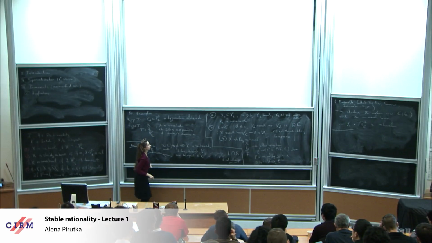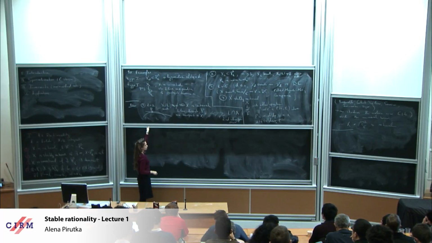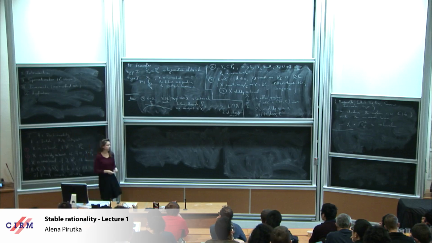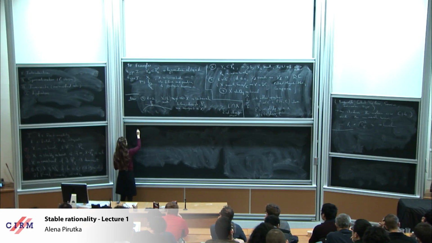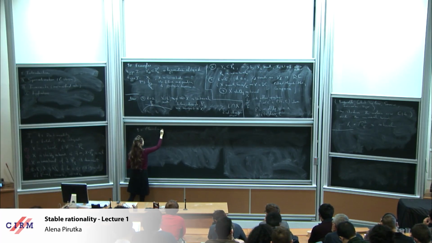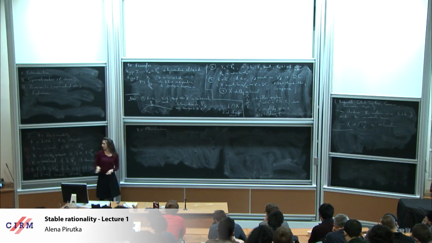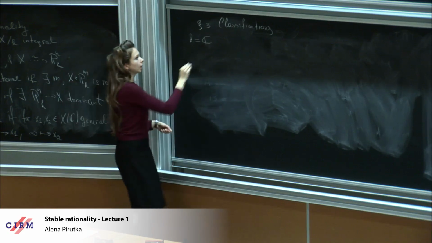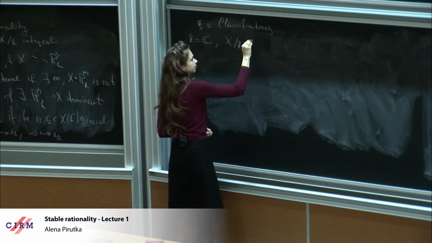So, we'll discuss the same types of varieties, hypersurfaces, and conic bundles later. Let me just discuss a little bit other implications of these notions. So maybe some classification results. Let's consider this via dimension. So take K the field of complex numbers, and X smooth and projective.